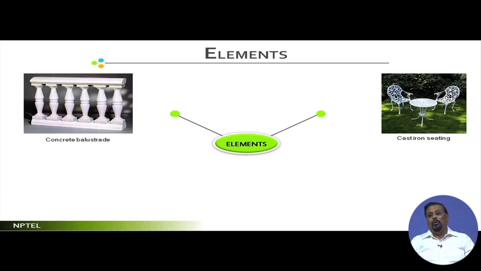Here I would like to point out one thing. If you recall, in my earlier lecture I discussed that there are different kinds of elements, artificial, which we think of as man-made, or natural. If it is predominantly natural, then we term this a landscape. If it is predominantly artificial and man-made, we consider this a part of architecture.